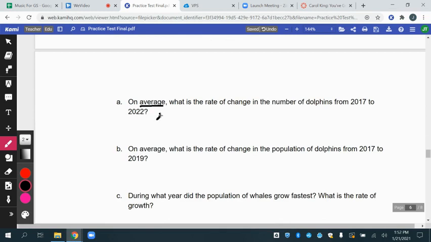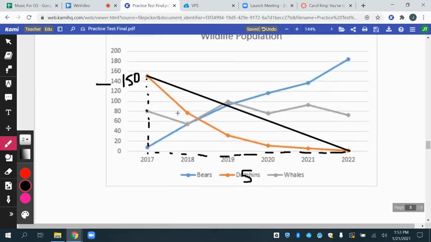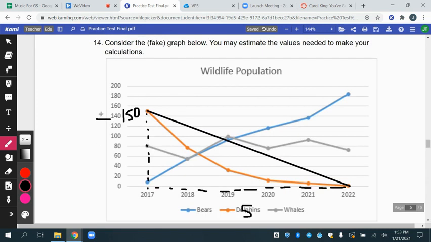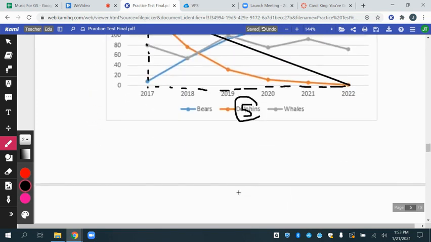Remember, rate of change is always how much y changes divided by how much x changes. Remember, this little triangle is delta. It's just a fancy science thing for how much something changes. So the y-axis, up and down, goes down by 150, and x changes up 5 years.